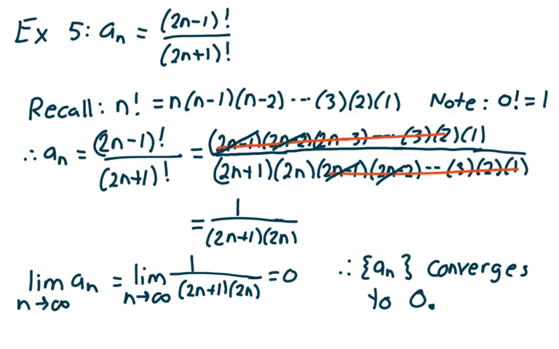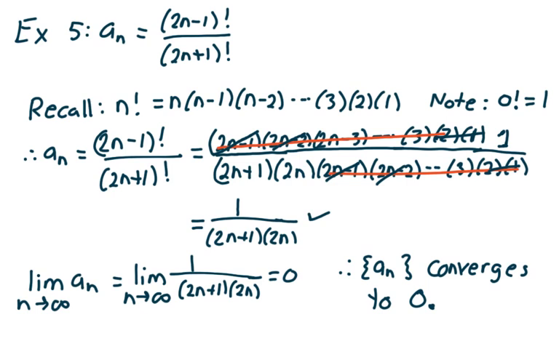So what we're left with in the numerator is a 1, right? And if you want, we can cancel the 1, but there's still a hidden 1 up there. It's right here, okay? And what we have left is 1 over (2n plus 1) times 2n.